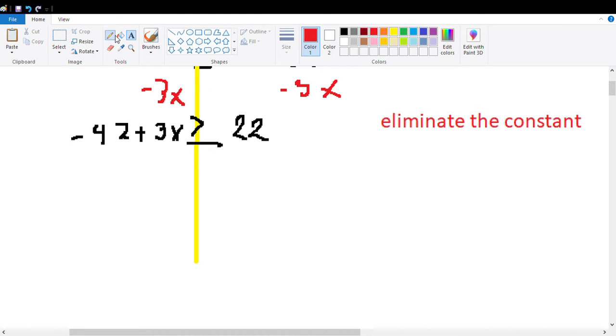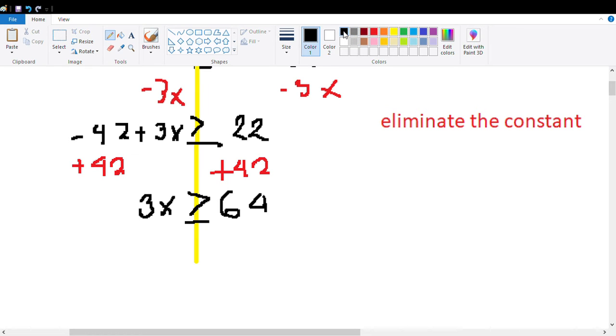So what's the constant? 22 or -42? -42, so we need to undo that negative 42. To do so, we have to add 42. And since we're adding 42, you also have to add 42 on the right hand side. Hence, you're going to get 3x is greater than or equal to 64.